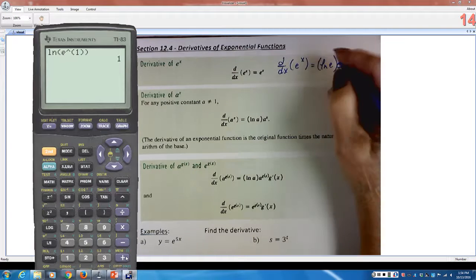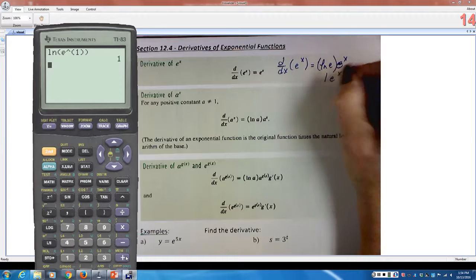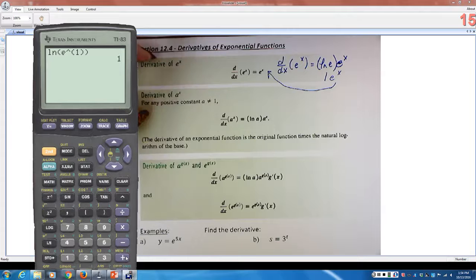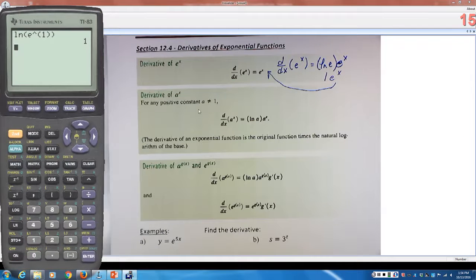So this is really 1 times e to the x, which is what makes it just e to the x, okay? So these first two rules are actually identical. The only thing that you need to be concerned about on the second part of the rule is that a can't be 1 because the rule won't work when a is equal to 1.